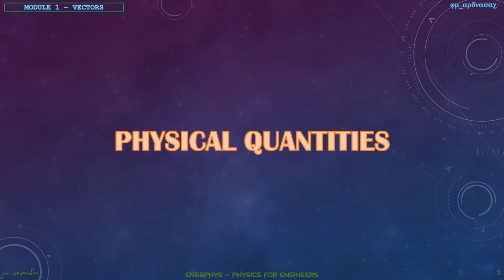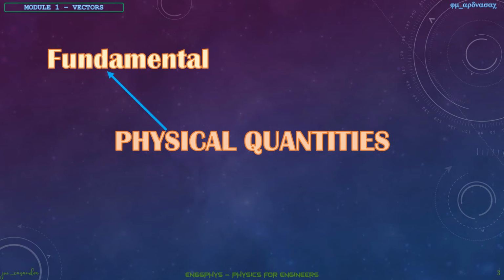Since we are talking about physical quantities, we can classify them into two, based on the units that we use in defining them. The first is what we call fundamental quantities, and the second is derived quantities.